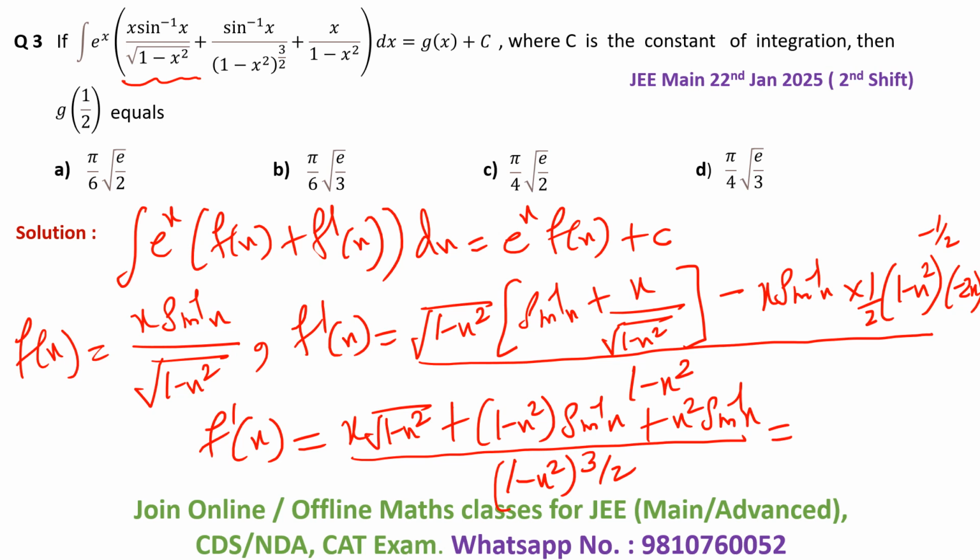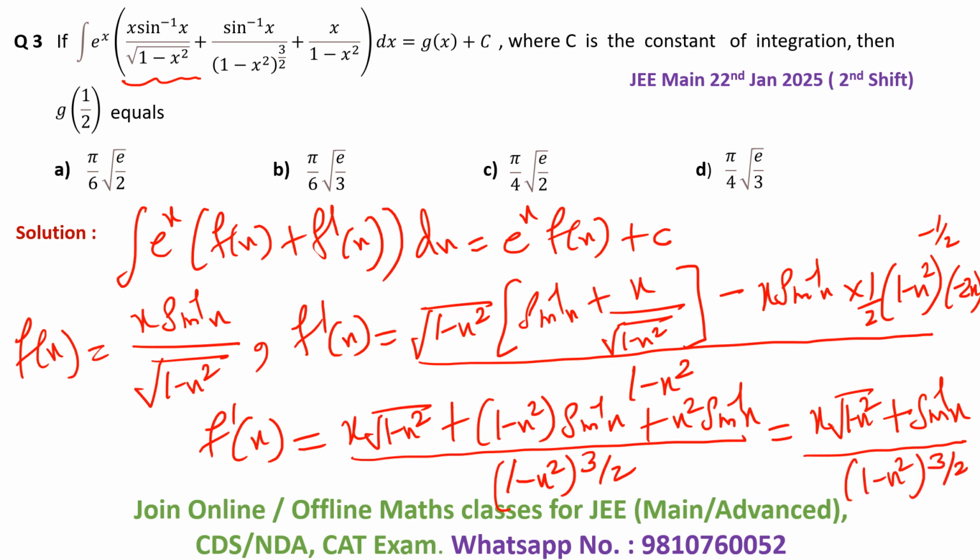Just simplify it further. Finally, you will be getting x into square root of 1 minus x square plus sine inverse x, whole divided upon (1 minus x square) whole power 3 by 2.